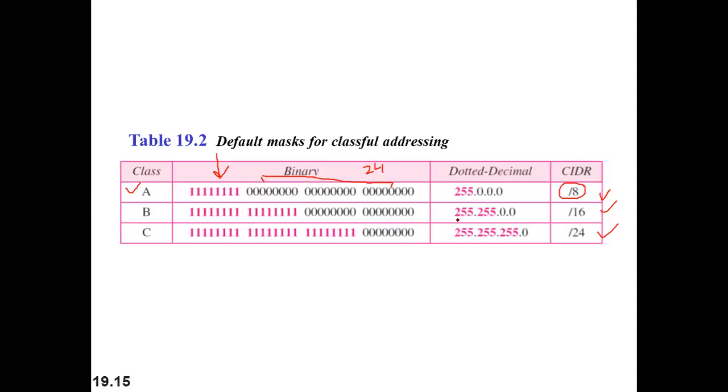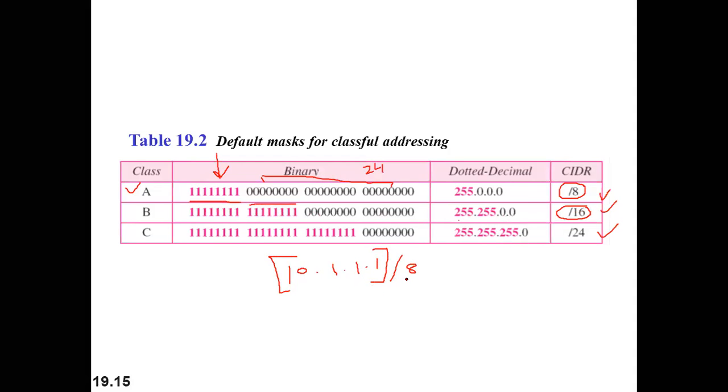Similarly, for class B, the subnet mask will be 255.255.0.0. We are using the first 8 bits and the next 8 bits also, so the CIDR value will be /16. We can represent it in this manner too. Suppose we have 10.1.1.1/8.